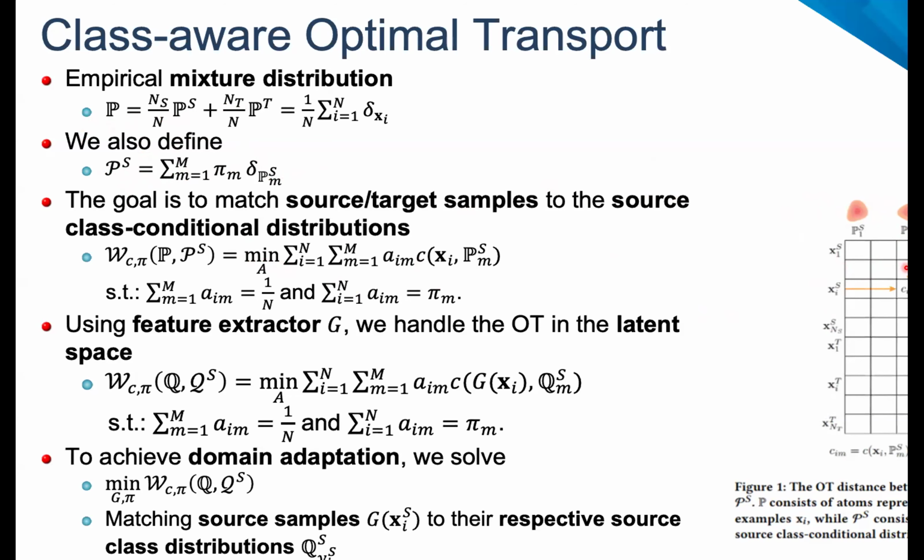Therefore, we learn a probability transportation matrix A, and also need to define the distance between an example here and a distribution here. Basically, we utilize the feature extractor here to map both P and P_S to a latent space.